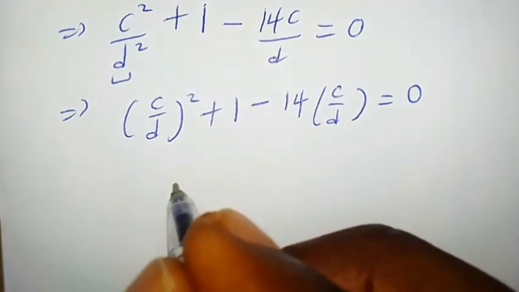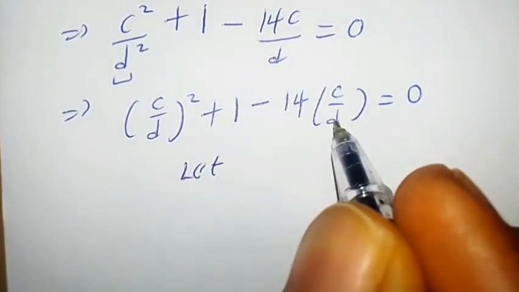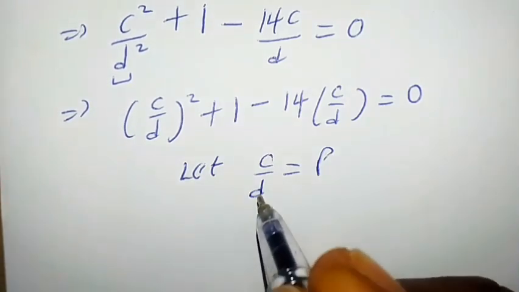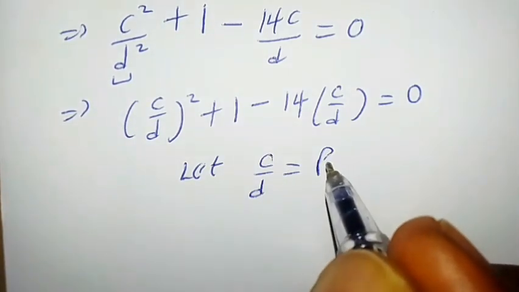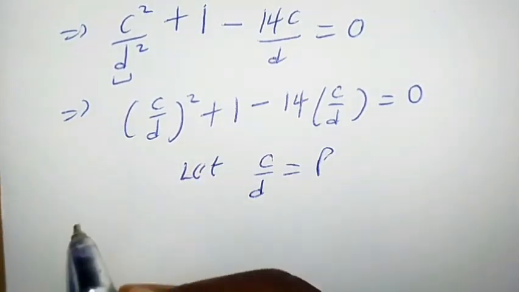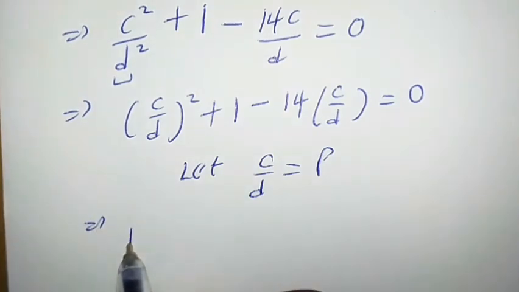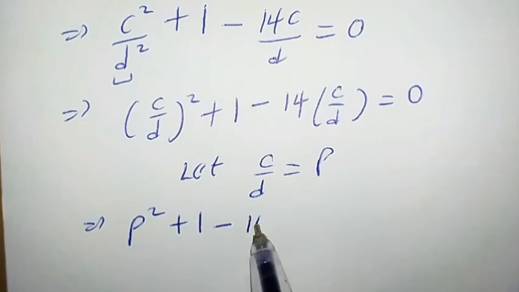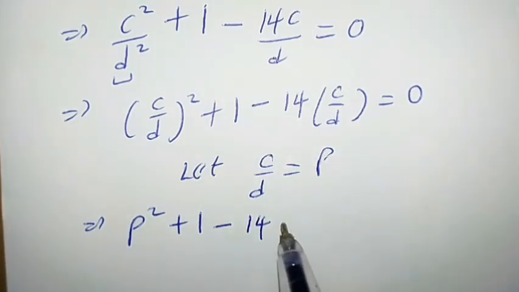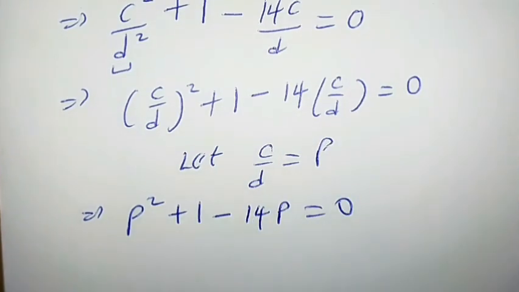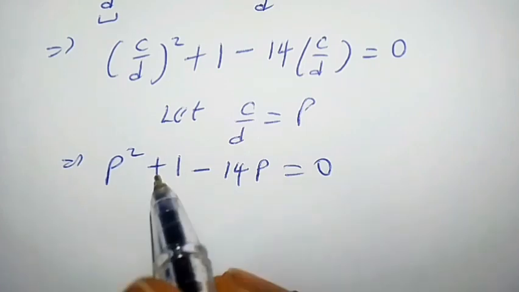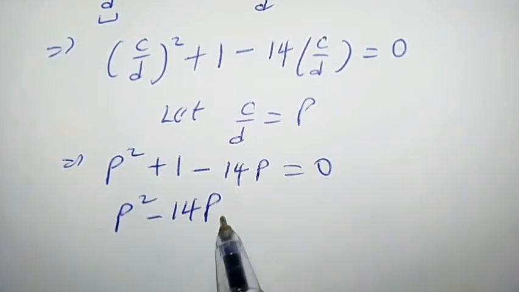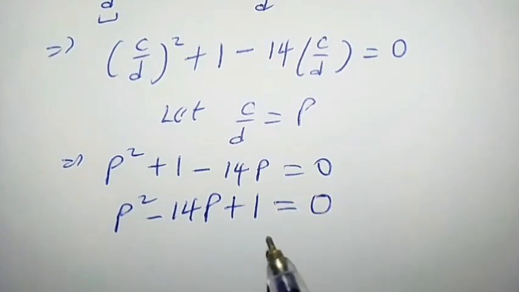Now, let's suppose C over D is equal to P. That means anywhere we see C over D, we will replace it with P. So from this line, we are going to have P squared plus 1 minus 14 times P equal to 0. Rearranging this equation, we have P squared minus 14P plus 1 equal to 0.